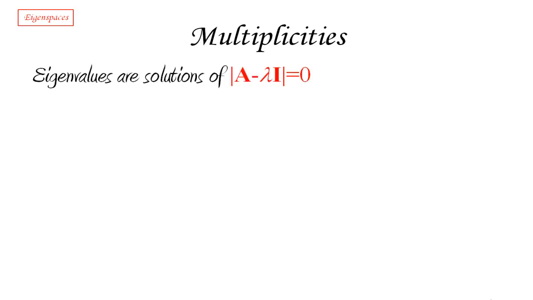Now, one interesting thing coming out of eigenspaces and eigenvalues is the concept of multiplicities. Okay. Now, remember, the eigenvalues are obtained as the solutions of the polynomial equation, called also the characteristic equation, which sets the determinant of A - lambda I equal to 0. Okay, so this is a polynomial equation. Well, sometimes these solutions may be multiple solutions.